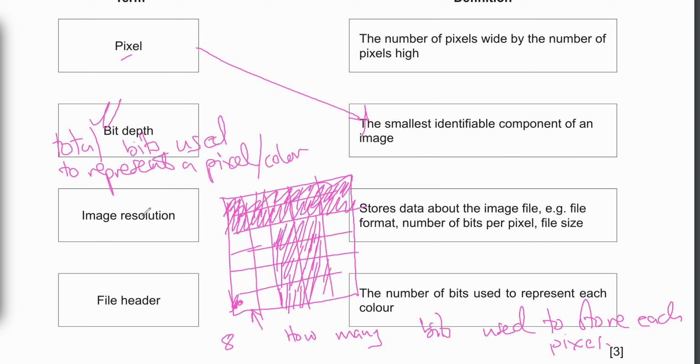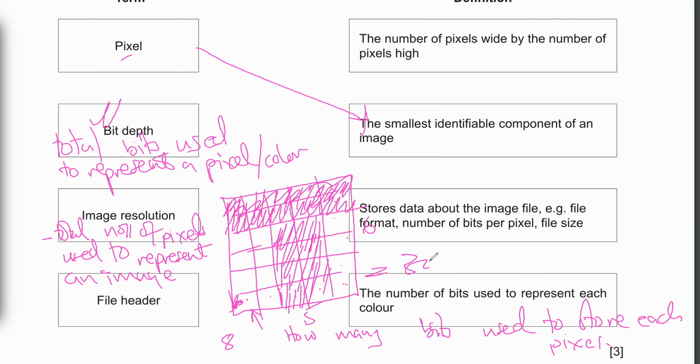When we talk about image resolution now, we're talking about the total number of pixels used to represent an image. In this case, we have 1, 2, 3, 4, 5 wide, times 1, 2, 3, 4, 5, 6 high, so 6 high and 5 wide, which makes 30 pixels.